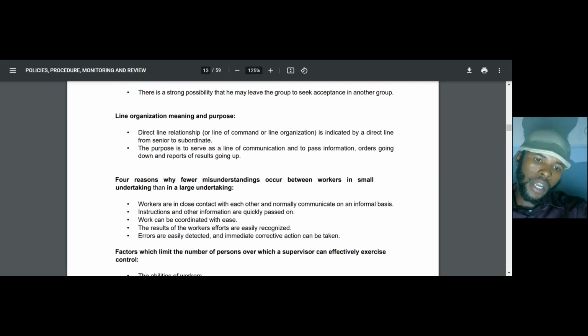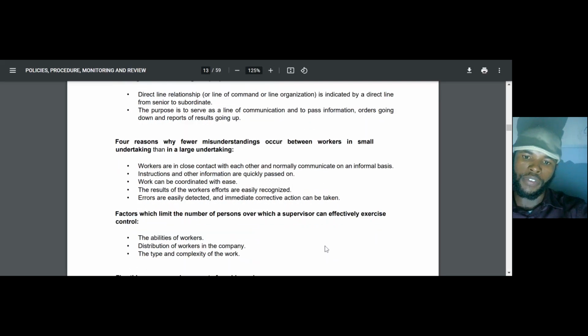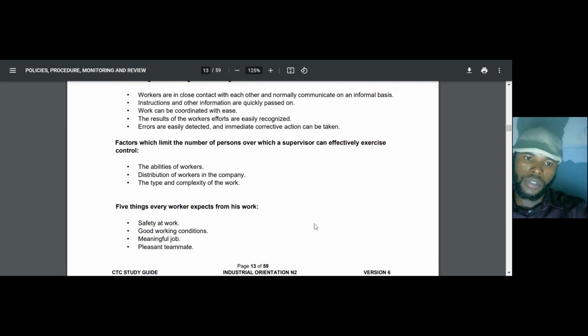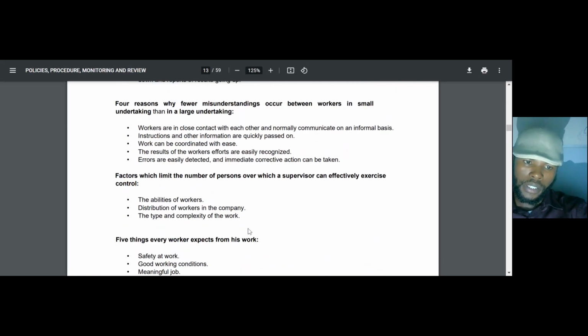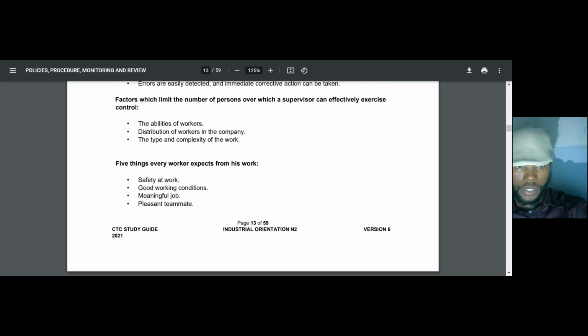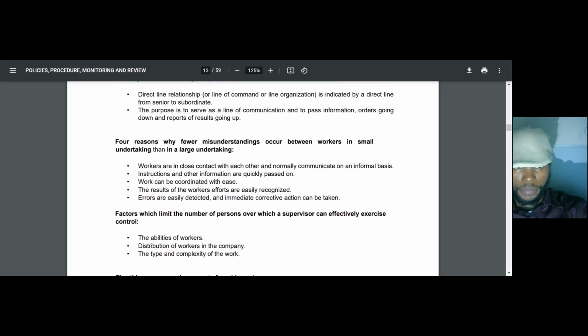Now, factors which limit the number of persons over which a supervisor can effectively exercise control: abilities of workers, distribution of workers in the company, and the type and complexity of the work. Again, five things every worker expects from his work. Guys, you see these things, they will ask you all of them.